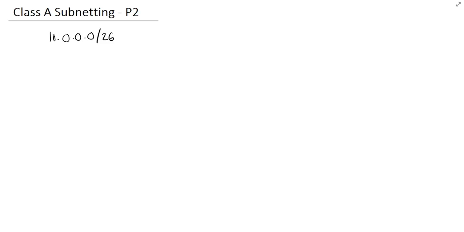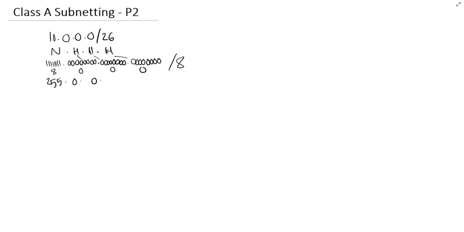For the IP address subnet mask, usually for Class A, it will be N, and then host, host, host, which means we have 8 bits of ones, and then 8 bits of zeros for each of the other three octets. So that's 8, 0, 0, 0, which would give you /8. And if you convert it to decimal, that would be 255.0.0.0.